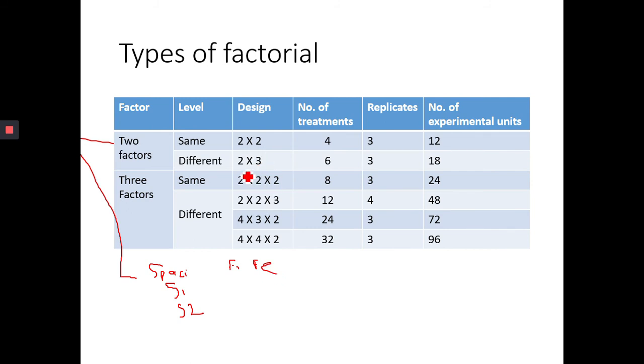Now, the number of treatments per complete replicate will be 4, because we will have the combinations F1 S1, F2 S1, F1 S2, and F2 S2. These are the four treatments that we are referring to.